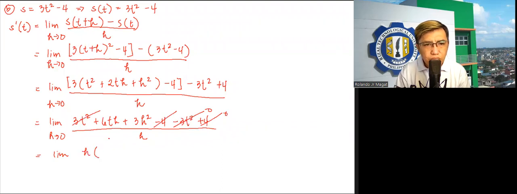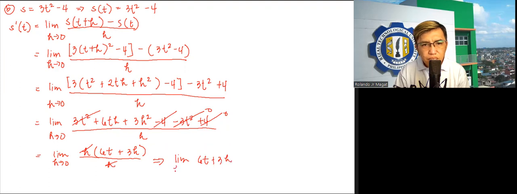So that becomes h times (6t plus 3h) all over h as h approaches 0, which implies that I can cancel out h, and this means that I have the limit of 6t plus 3h as h approaches 0, meaning that the derivative s prime of t is equal to, whenever h is equal to 0, then we know that 3h becomes 0. So that is 6t. Okay, and this is the answer.